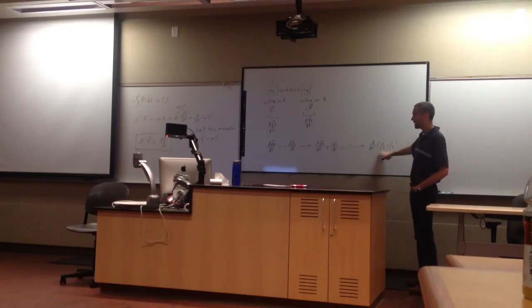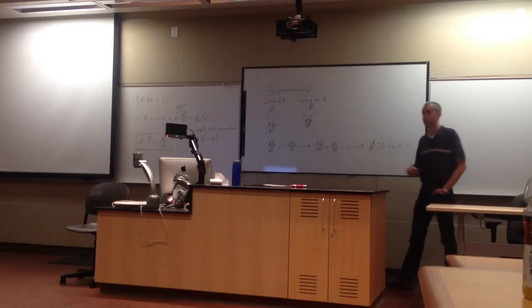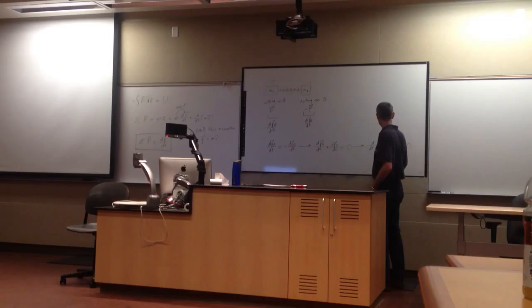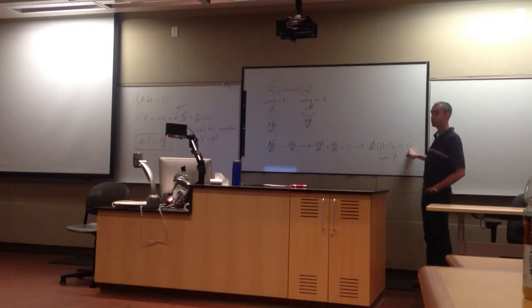So this is really significant, because this is saying that the total momentum of my system here, A and B together, is not changing, because if I take the derivative of the total, then it has to be 0. Basically, the total momentum P is not going to change.